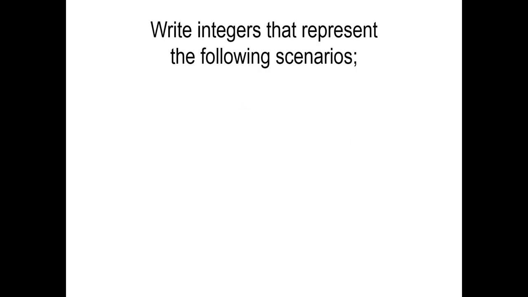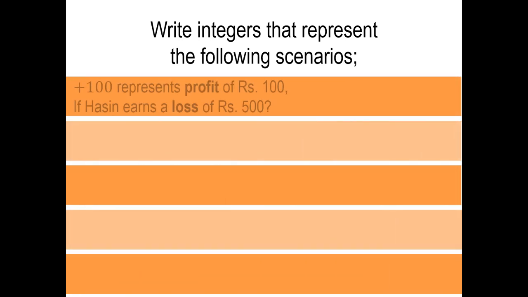Now in the last part of this video, I would like to give you certain scenarios and you are supposed to find out the right integers that represent them. Okay, for example, I'm saying plus 100 represents a profit of rupees 100. If Hasan earns a loss of rupees 500, which integer will represent this scenario?